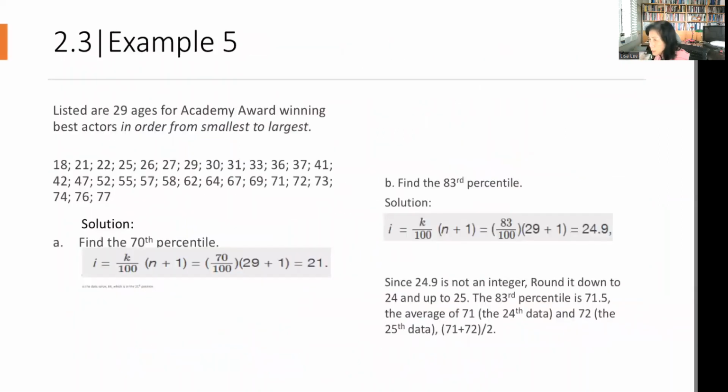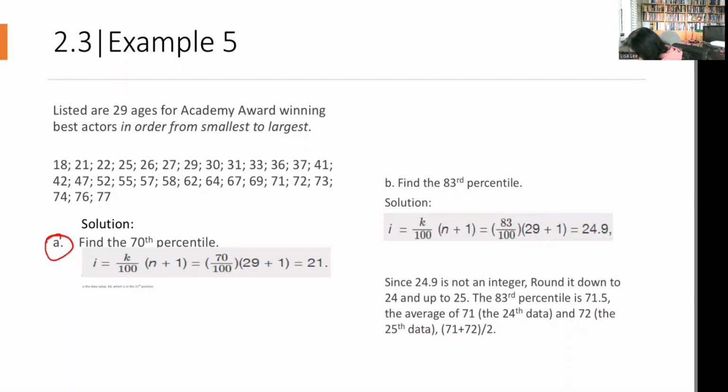So this is 2.3, example 5, the example we are going to work through. First item, find the 70th percentile. The given data are listed above: 29 ages of Academy Award-winning Best Actors, in order from the smallest to the largest.